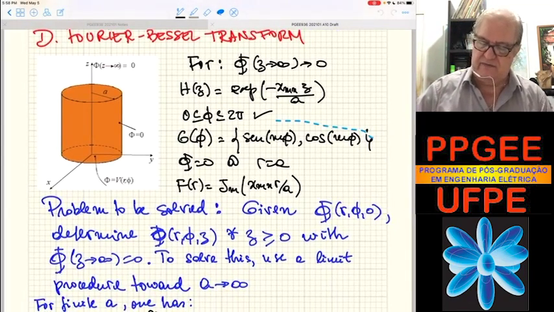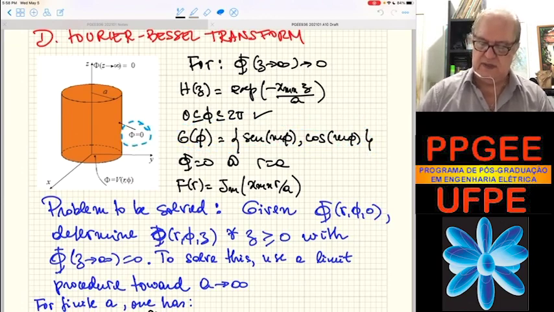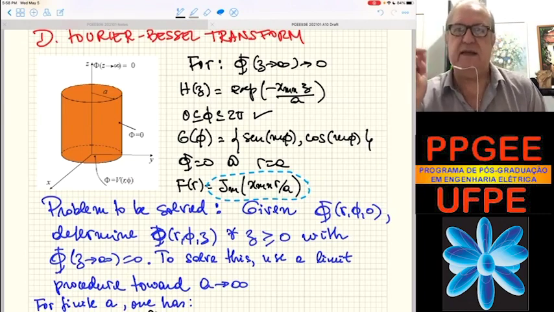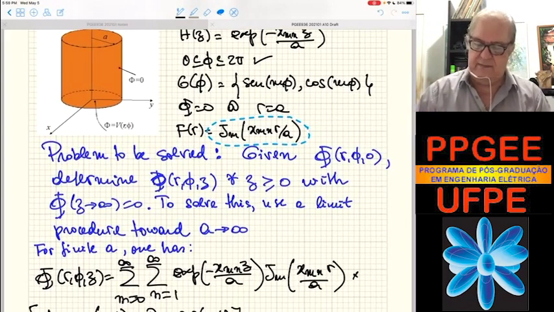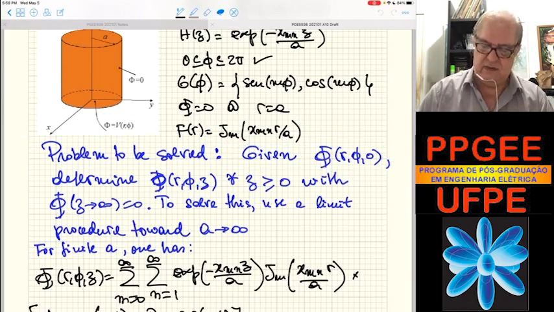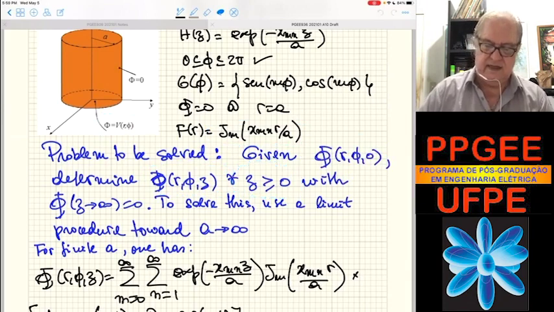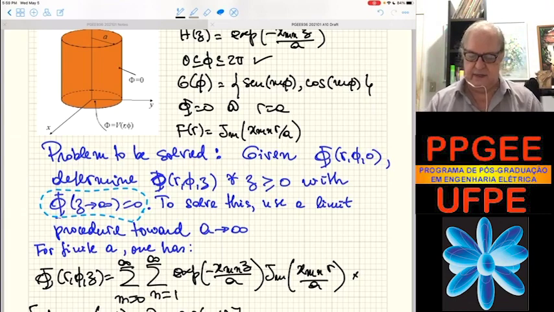We're going to use the periodic functions in phi, and to guarantee that the potential goes to 0 on the wall, just use that special function, the Bessel function, the well-behaved function that has a root at r equals a. So the problem is this: given the potential in plane z equals 0, what's the potential in the upper hemisphere, given that the potential dies away for large z?